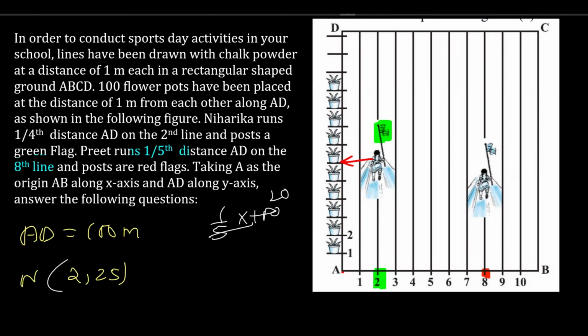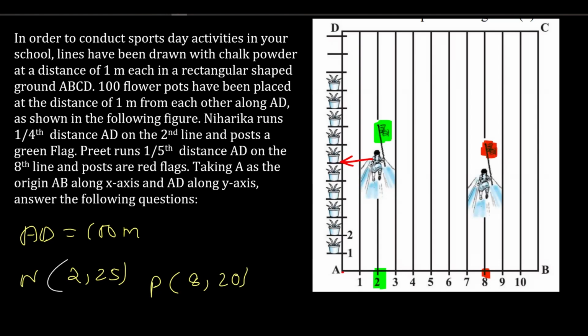Should be 20. So the y coordinate is 20, and the x coordinate of Preet is the eighth line, that is 8. She's posting a red flag over here.